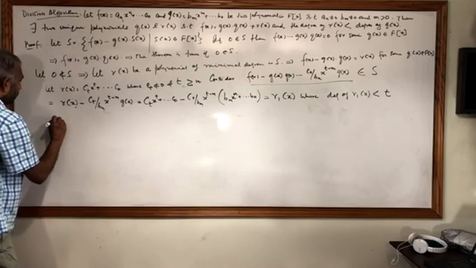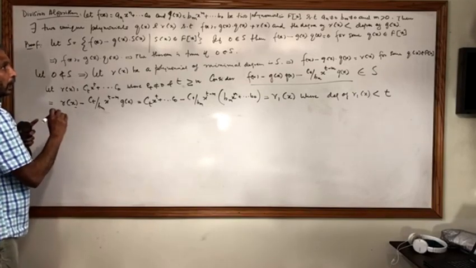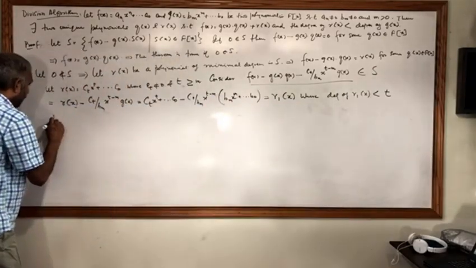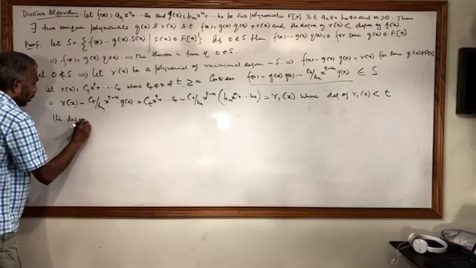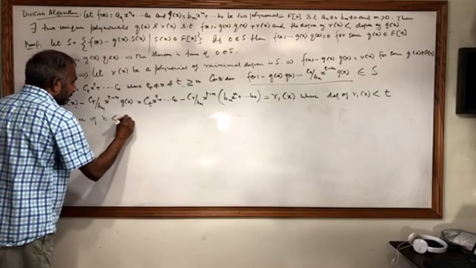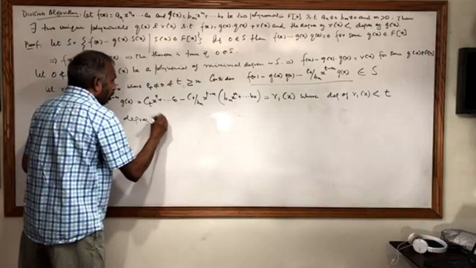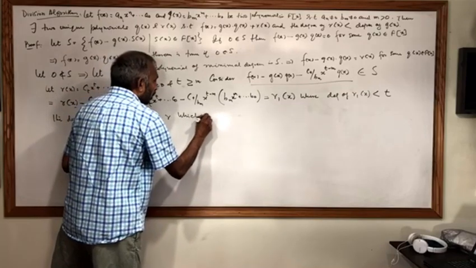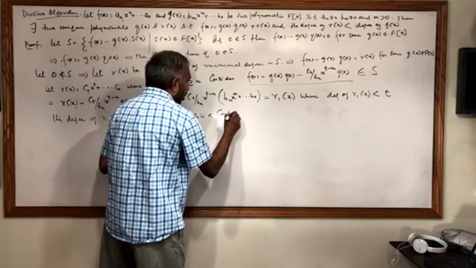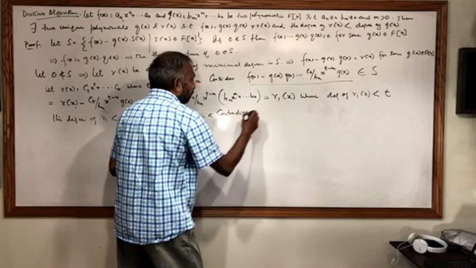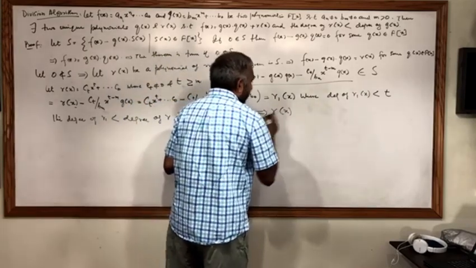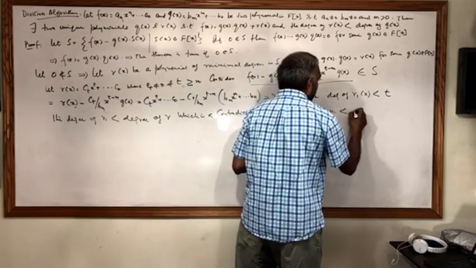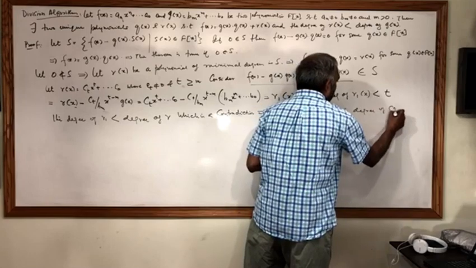So r1 belongs to S means the degree of r1 is less than the degree of r, which is a contradiction, and that implies r1 of x has a degree less than the degree of g of x.